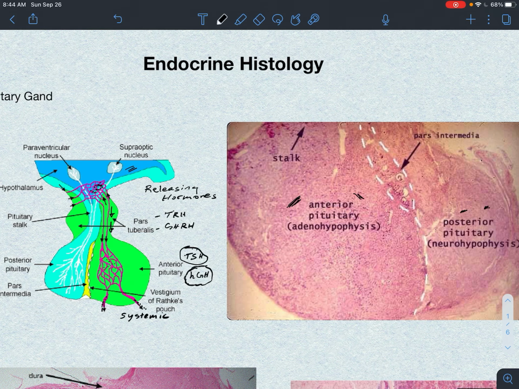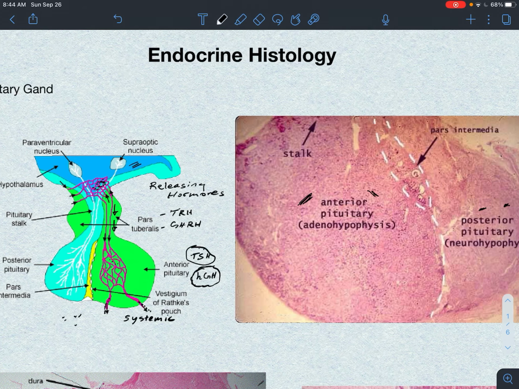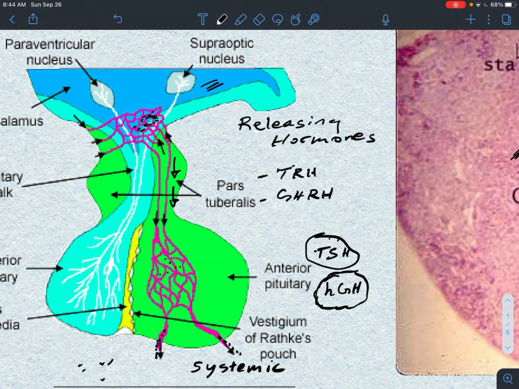So it's just flipped compared to what you saw in the drawing right here. But what this is telling us is that because the physiology is such that you have axons that are traveling down from the hypothalamus to the posterior pituitary, the posterior pituitary histologically is nervous tissue.